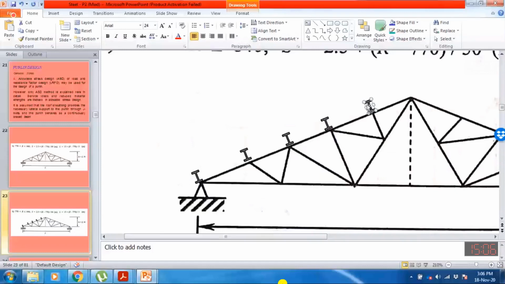Similarly, one purlin at each. I am just considering one side. So on one side, the number of purlins will be equal to the number of panel points. I just want to explain the placement of sheets.